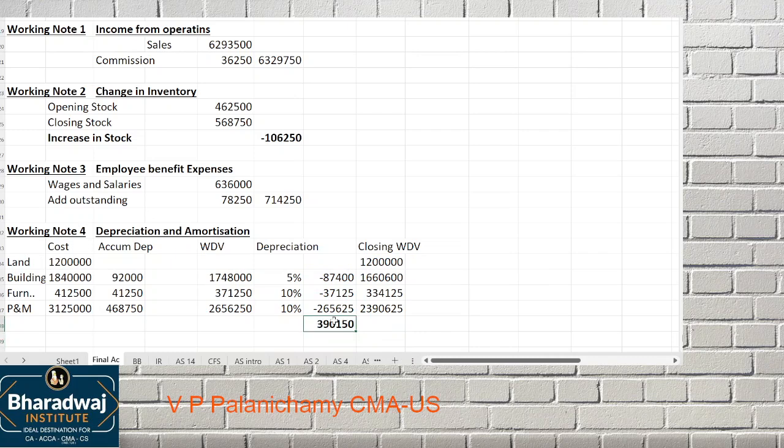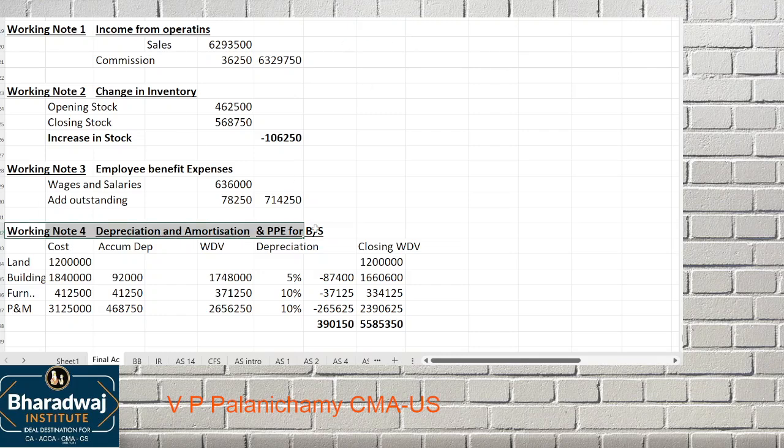This will come in profit and loss account. This will come in balance sheet. This is plant, property and equipment for balance sheet. It's a twin working note we can do.